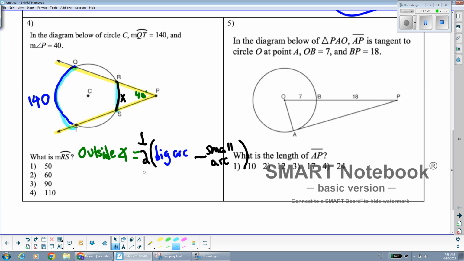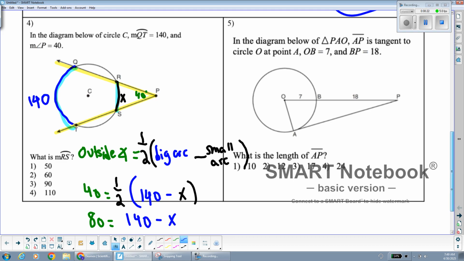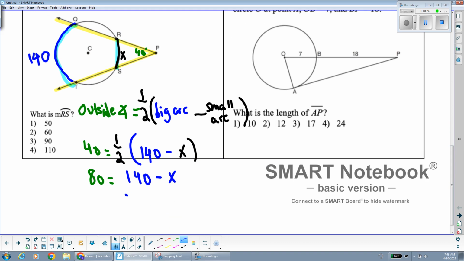So now all we have to do is plug in 40 is equal to 1/2. The big intercepted arc is 140. And the small intercepted arc is what we're looking for, it's x. Multiplying both sides by 2 in order to get rid of the 1/2, I have 80 equals 140 minus x. I'm going to subtract 140 from both sides.